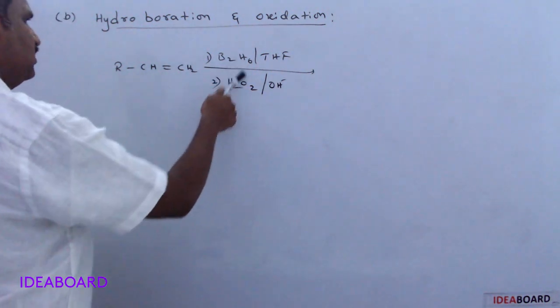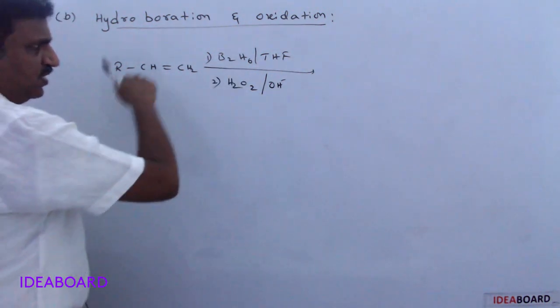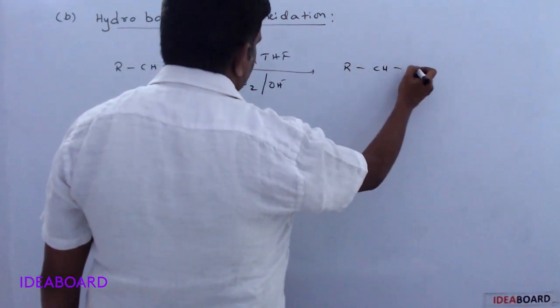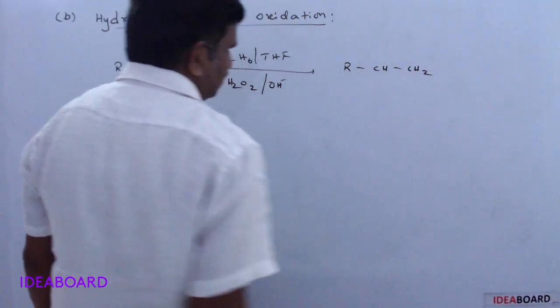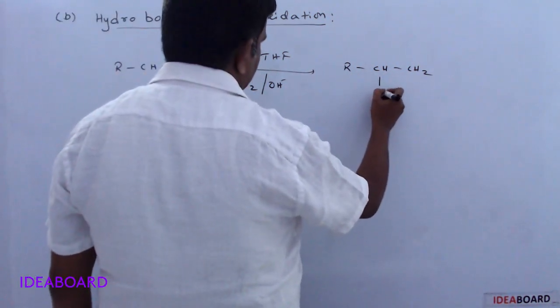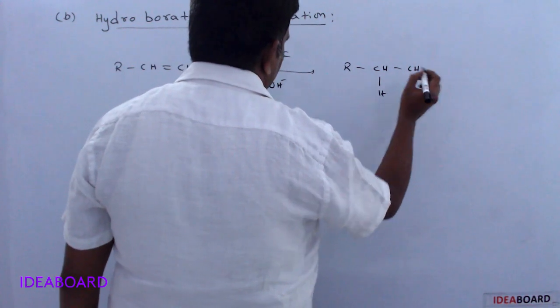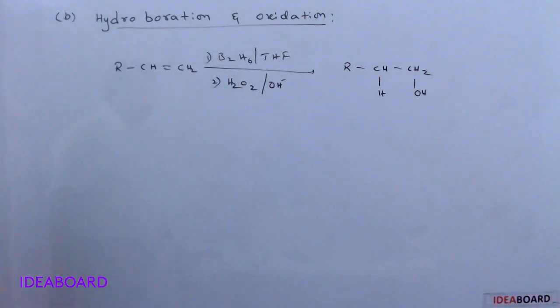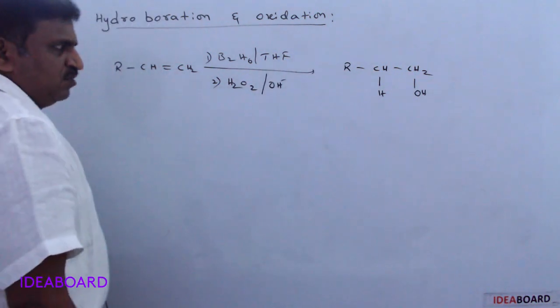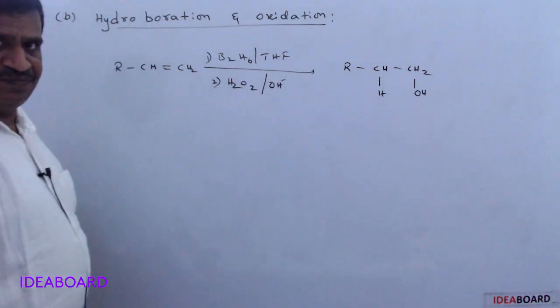By the hydroboration and oxidation process, we are getting the alcohol, and the product formed is RCH2CH2OH. Here H is added, here OH is added. What type of addition is this, Markovnikov or anti-Markovnikov?